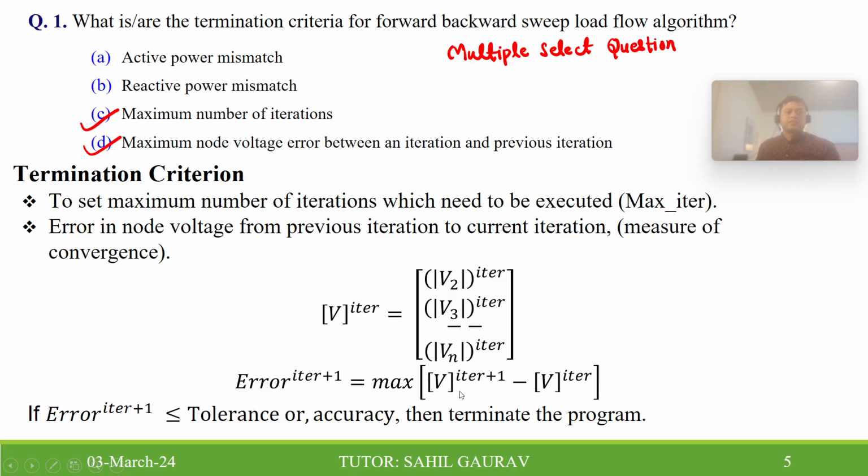Take the maximum of the difference between the updated values and the older values. Whatever maximum value you get, that is the error. And if this error is less than the tolerance or accuracy, then you can terminate the program. So these are the two termination criteria for the forward backward sweep load flow algorithm.